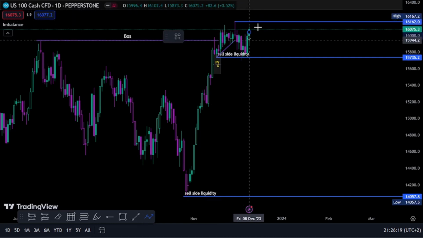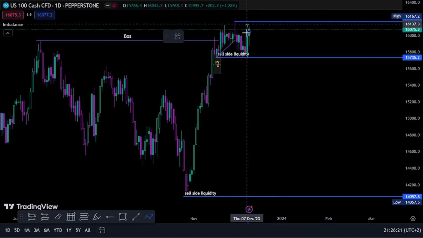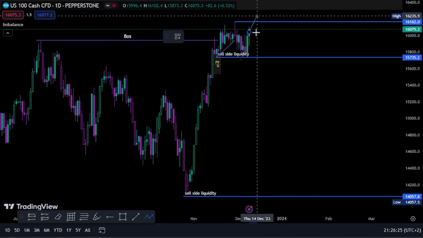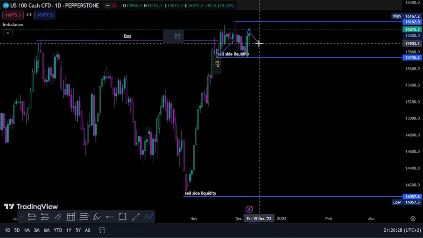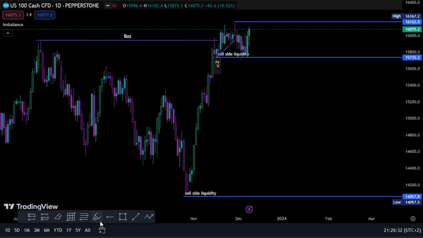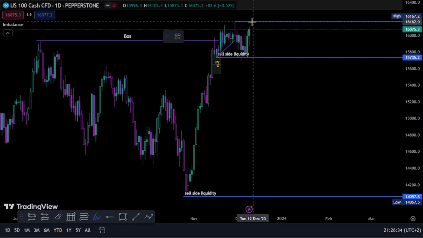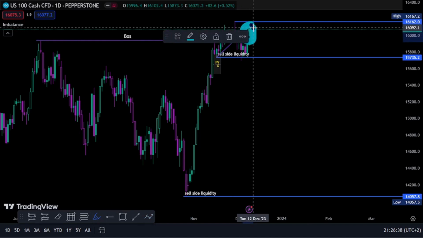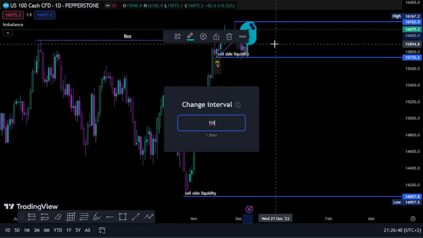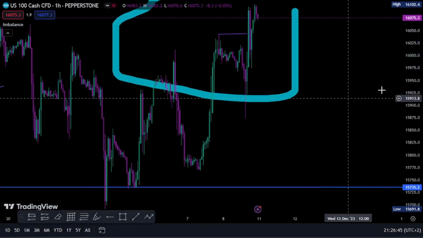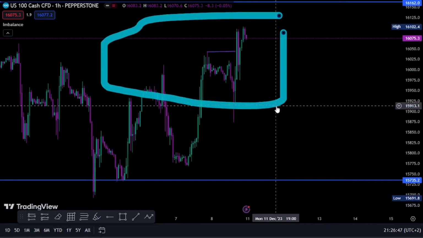But remember, on a smaller time frame, each candle that you see moving up has downtrends and uptrends. So we look into each candle. For example, we're looking into this candle on a smaller time frame.